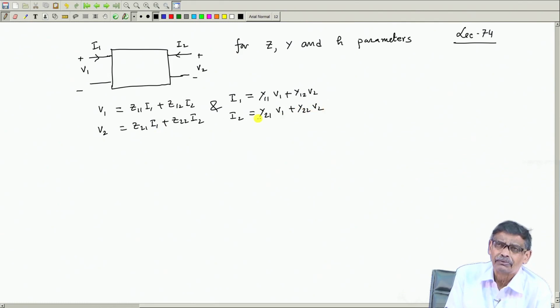These two sets of equations are one and the same, but remember that Y11 is not 1 over Z11, as we have discussed.